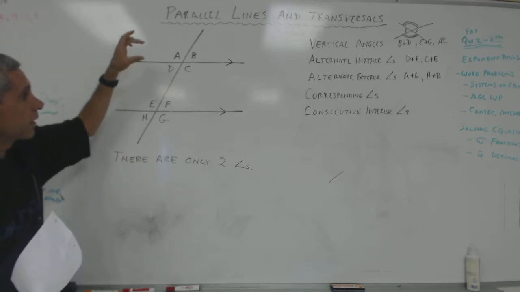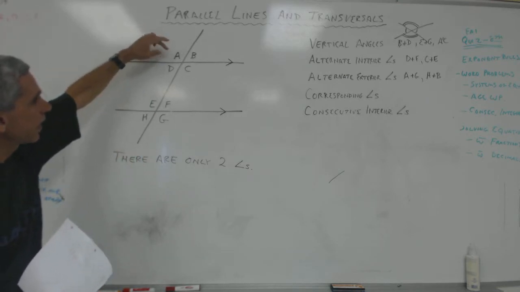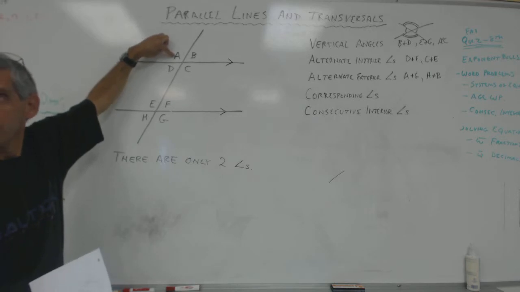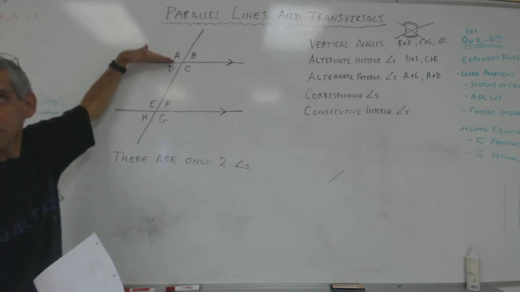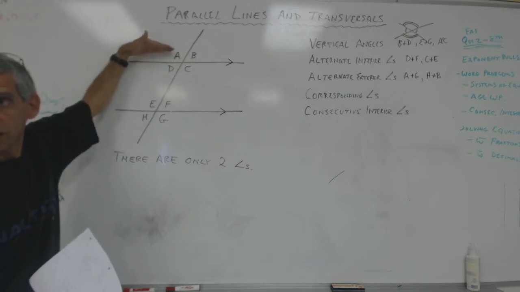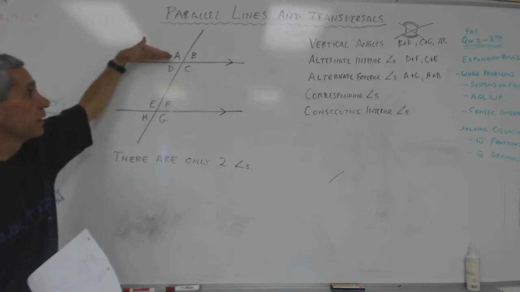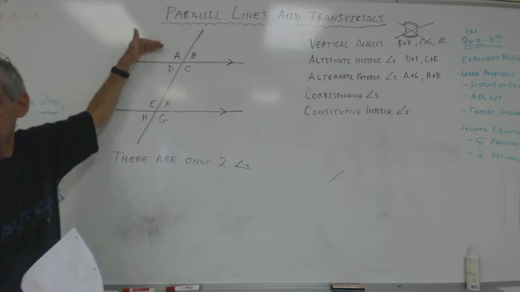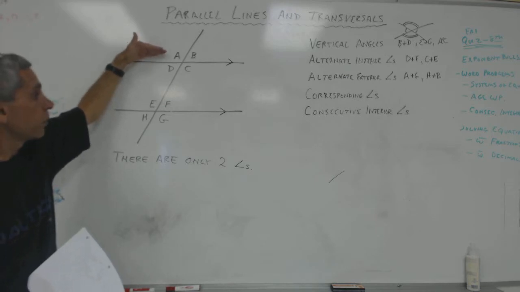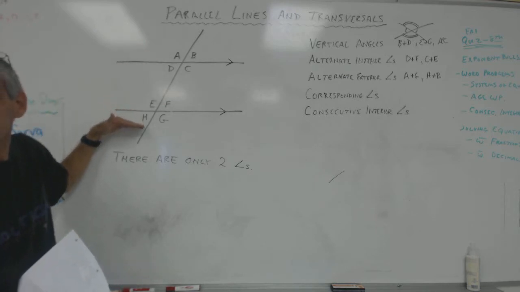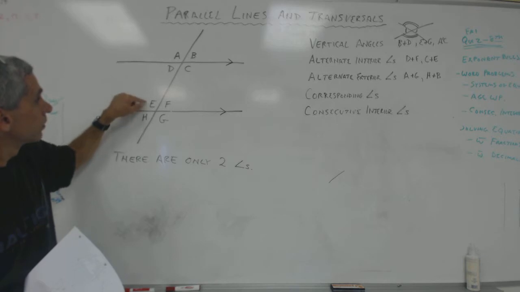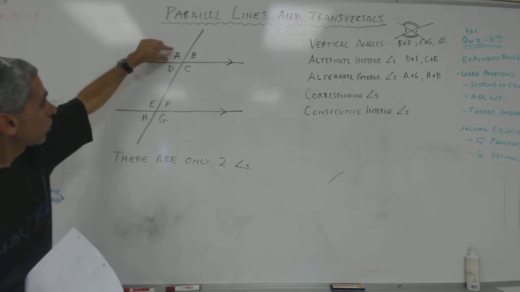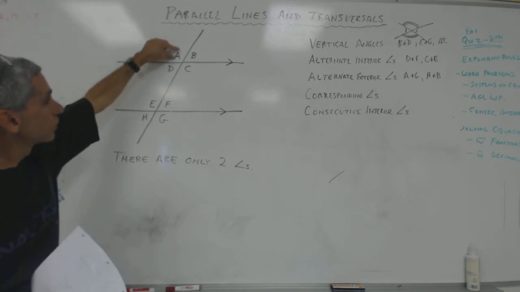A corresponding angle would be, let's say I look at A. Would you agree with me that A is above the top parallel line, and it's to the left of the transversal? So if I go down to the next parallel line, and I do the same thing, I go above that parallel line and to the left of the transversal, A and E are corresponding angles.